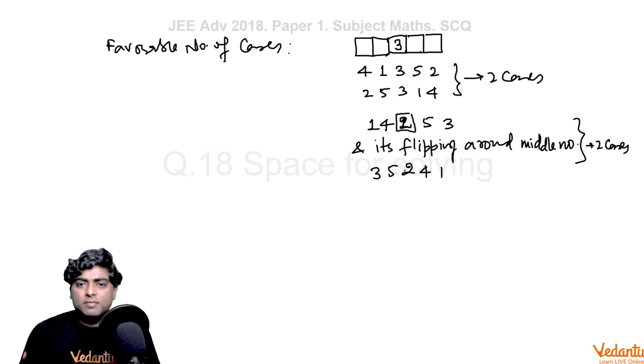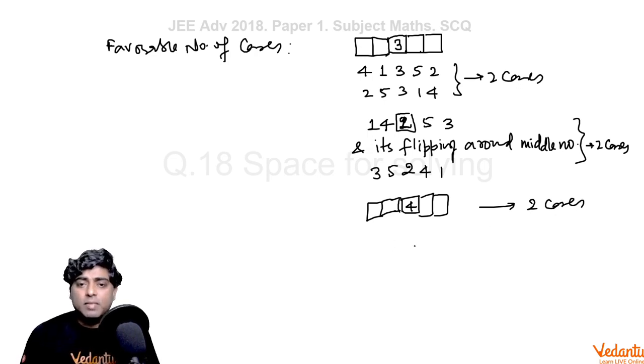And similarly, if you take the middlemost number as 4, the number of cases will be the same as we counted when the middlemost number is 2. Due to the symmetry of the structure, again you can easily count it. So 2 cases here.